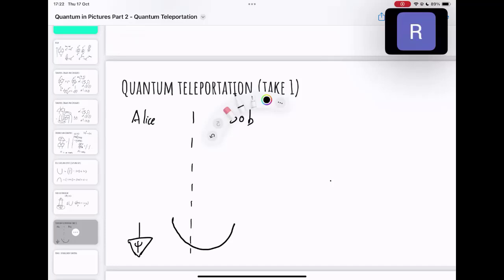Does anyone want to give a suggestion on how this might look using these pictures? You want to end up in a scenario where Bob ends up with this quantum state.